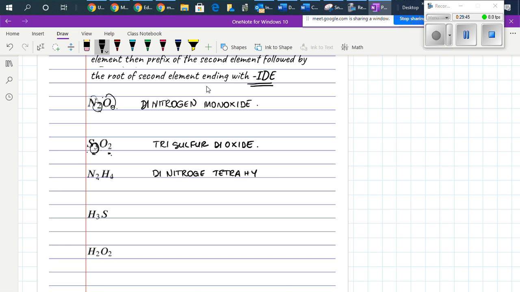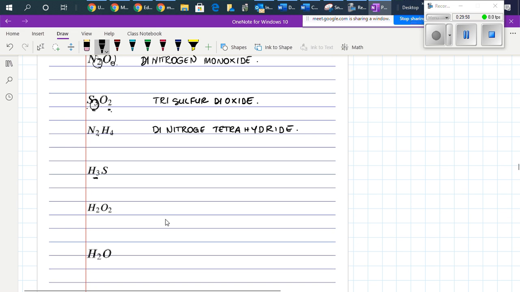The root of hydrogen is hydro, so it will be tetrahydride. And in this case here, we have 3 hydrogen and 1 sulfur. Okay, so for 3, we have trihydrogen monosulfide.